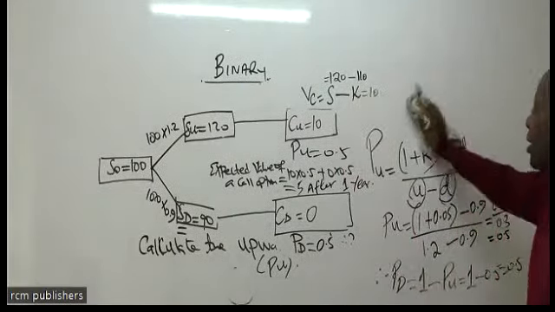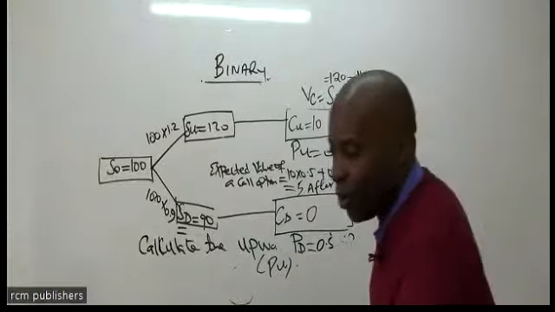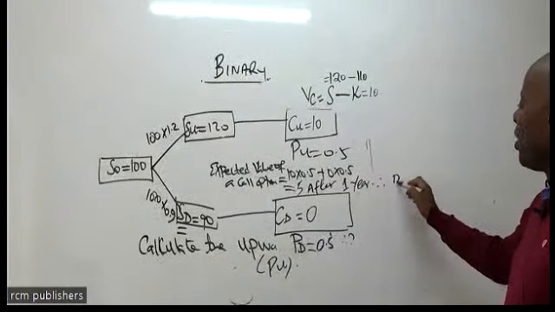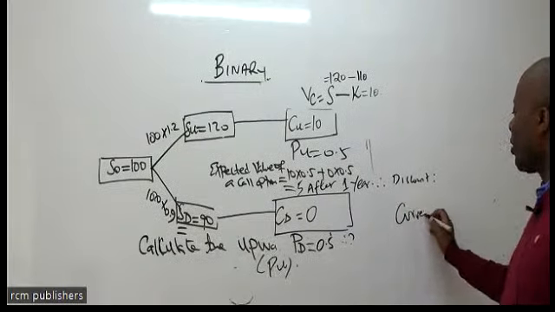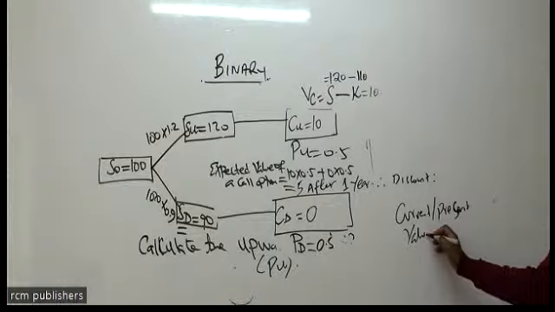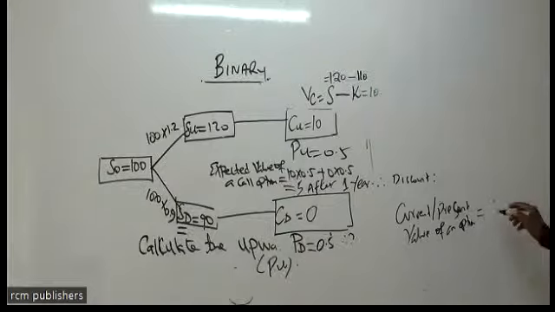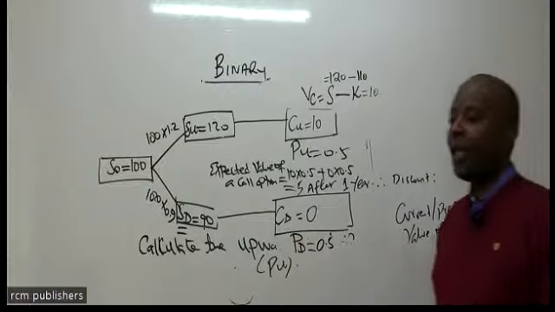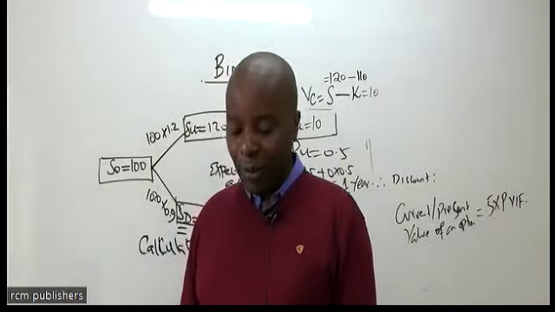Therefore, discount. So to get the current or present value of an option, take that 5, and because it's a one-off figure, discount it by multiplying it with the PVF.